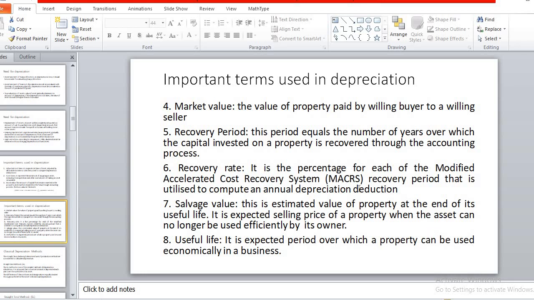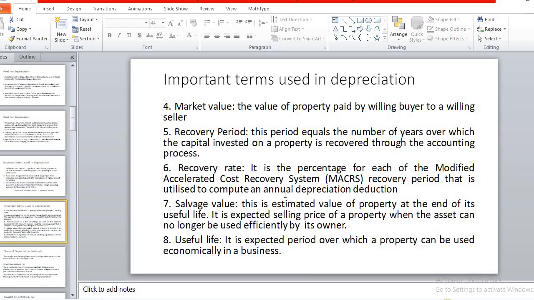So that percentage is for each of the modified accelerated cost recovery system, denoted by the short form MACRS. For a particular recovery period, how much percentage we require to recover the capital invested, which we can utilize to compute the annual depreciation deduction.